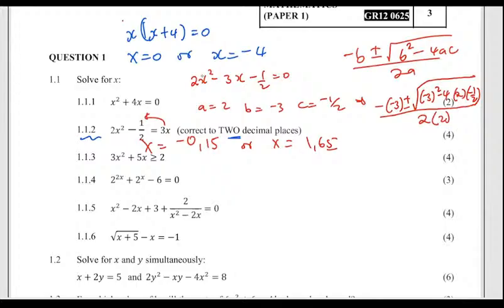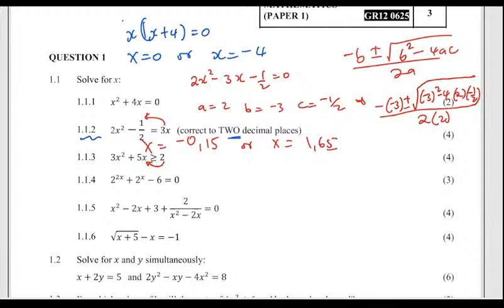Then 1.1.3, which is the quadratic inequality. So we still have to move the 2 that side, create a standard equation. So this is going to be 3x squared plus 5x minus 2 is greater or equal to 0.